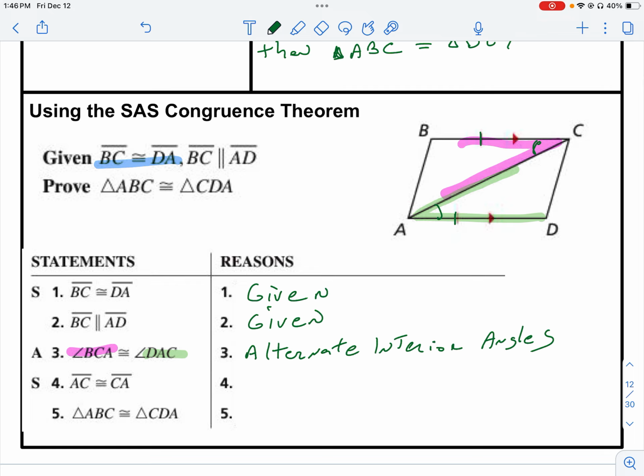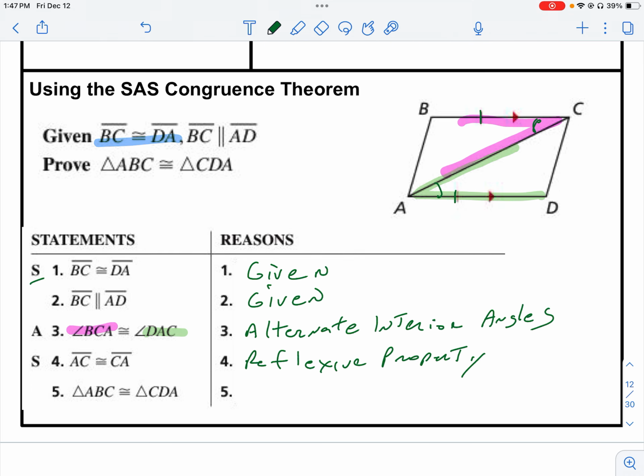AC is congruent to CA. That's our reflexive property. And then we have a side, we have an angle, we have another side. The angle is between the two sides, so we have congruent triangles by side, angle, side. It keeps it really simple for us.